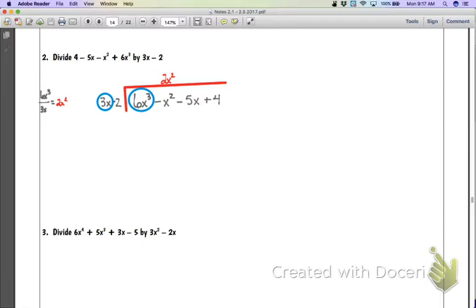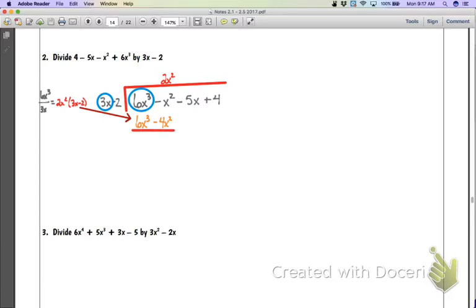That 2x squared is going to go above my x squared. Now, multiply it with 3x minus 2. Whatever I get there is going to go right here. So 2x squared times 3x minus 2 is going to give me 6x to the third minus 4x squared.